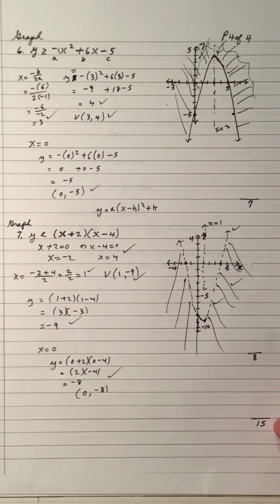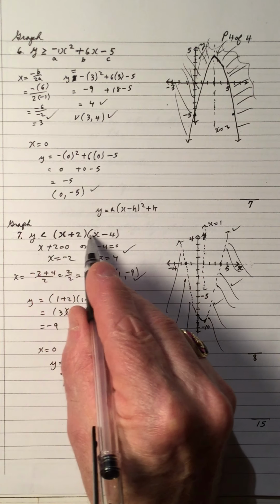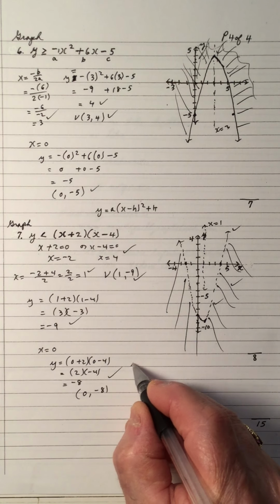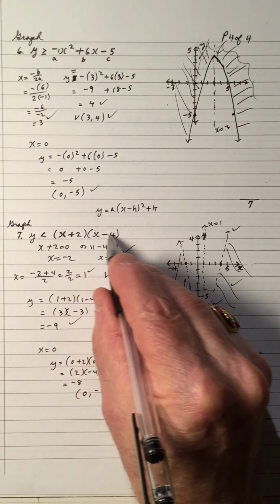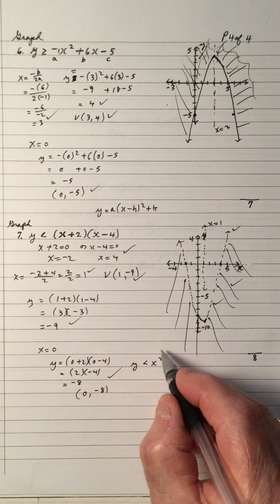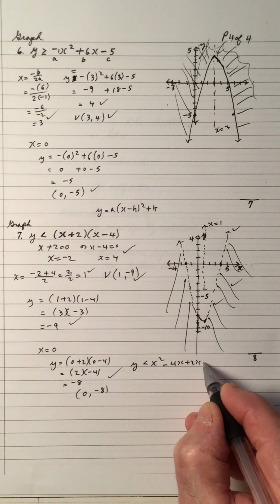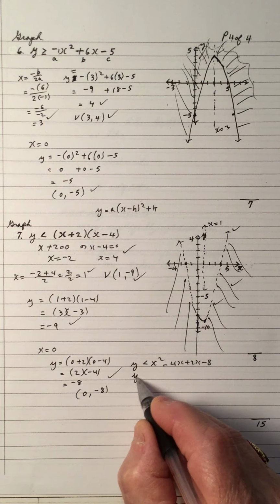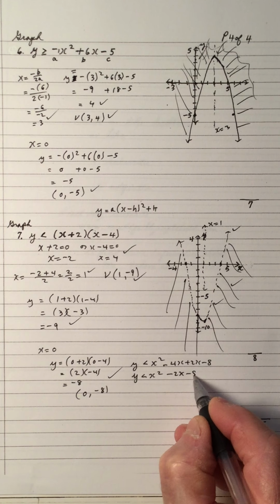So 8 in total. And I just want to mention, you could have taken this equation right here and expanded it. So y is less than x squared, and I'm going to multiply by FOIL here now. x squared minus 4x plus 2x minus 8. So y is less than x squared minus 2x minus 8.